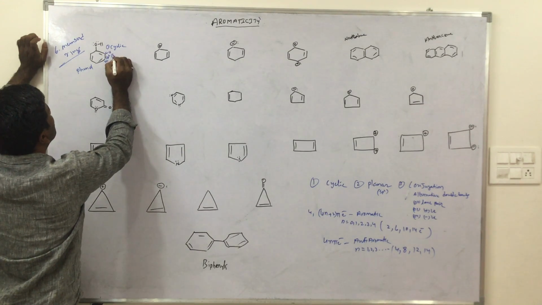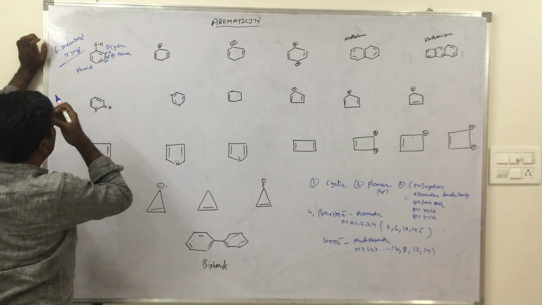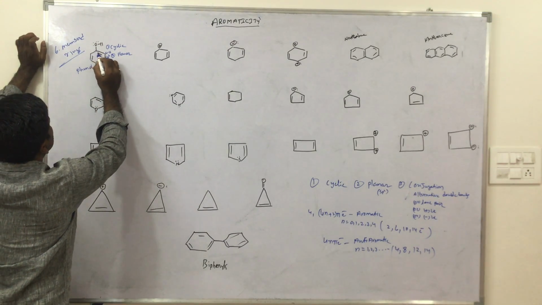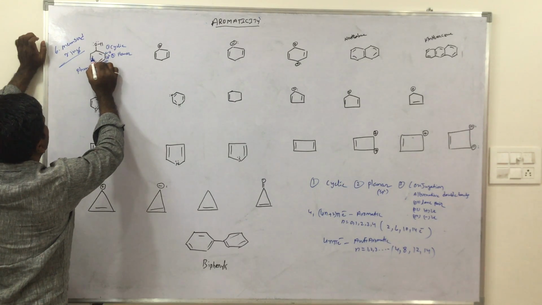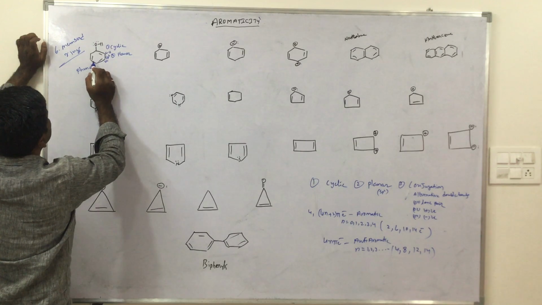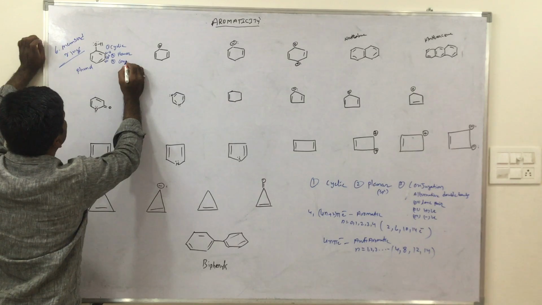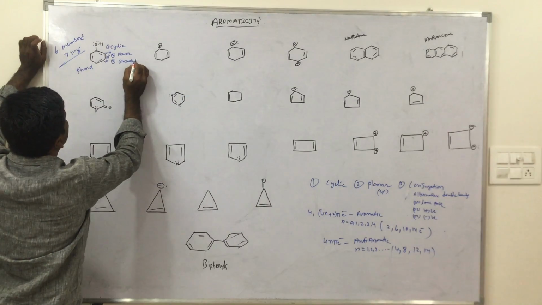That means this is planar, and alternating double bonds are present: pi bond, sigma bond, pi bond, sigma bond, pi bond, sigma bond. So conjugation is also here.